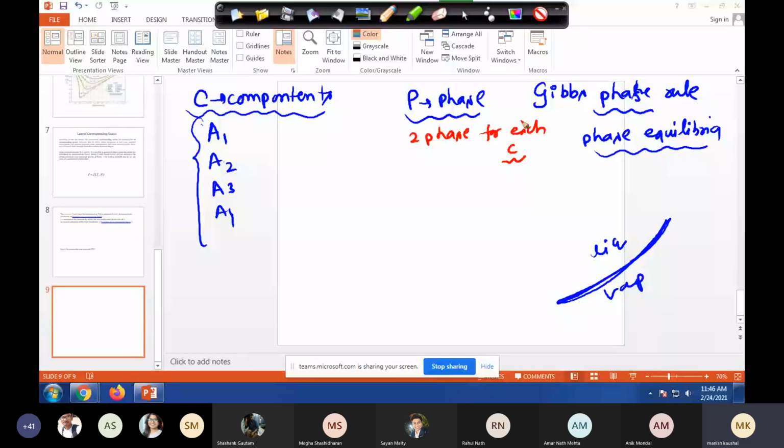Let's say we're talking about one point on this line. So there will be some T and there will be some P. Is this temperature the same for all components? Yes, because we are on saturation on this line.